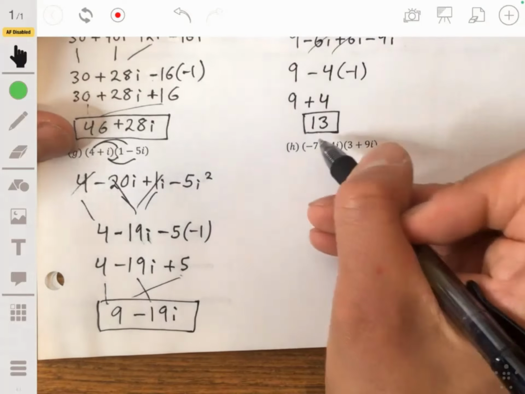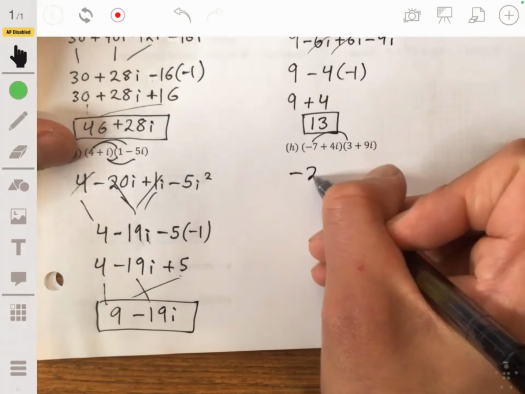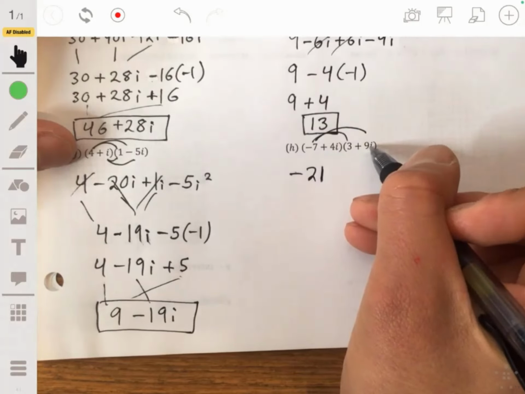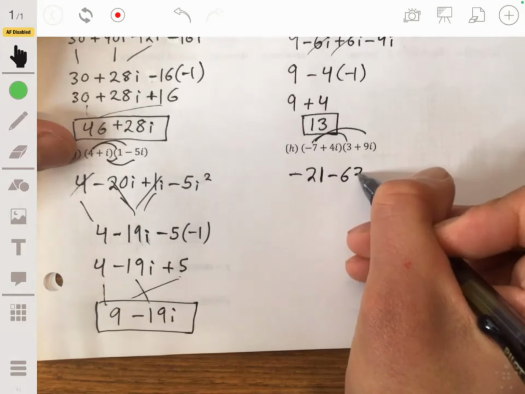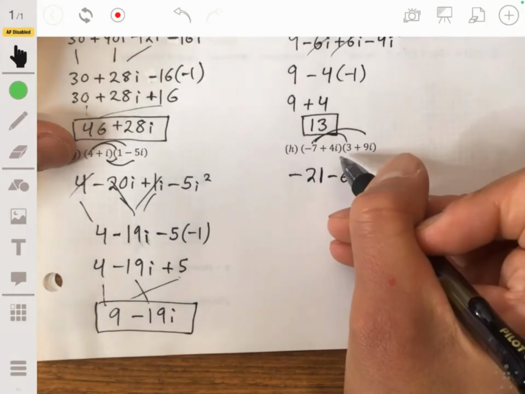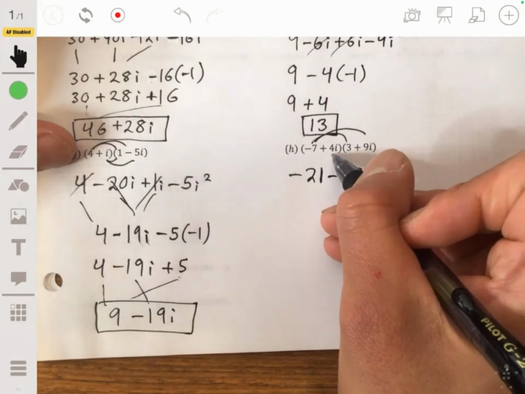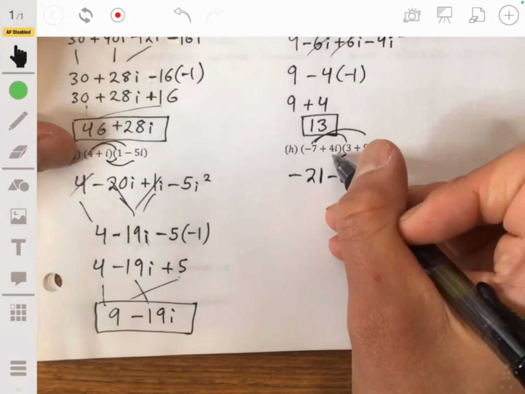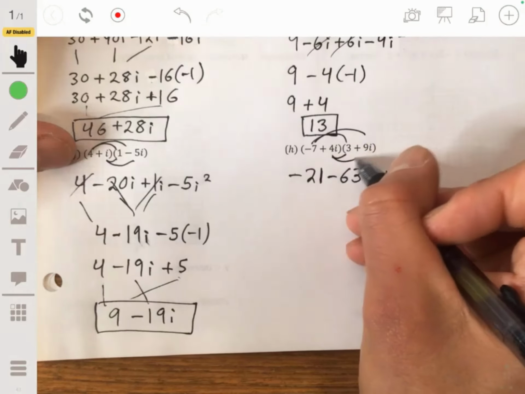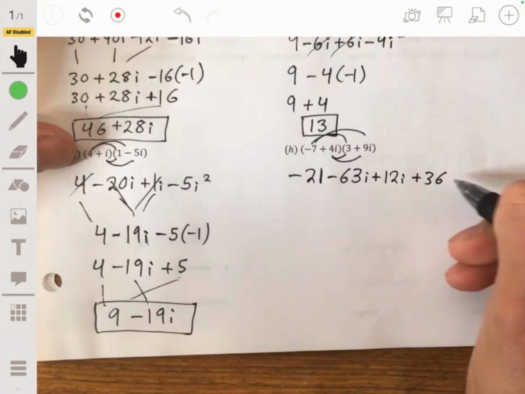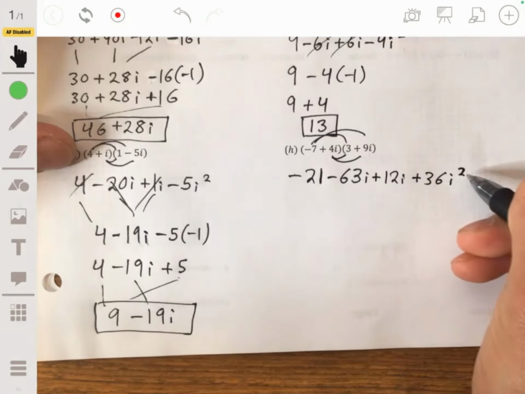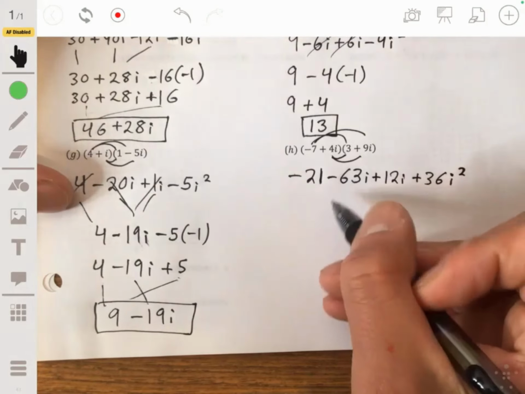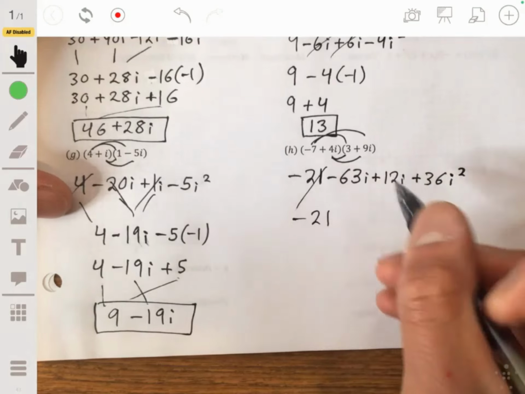And the last one here, negative 7 times 3, negative 21. Negative 7 times 9i, minus 63i. 4i times 3, 12i. And 4i times 9i, 36i squared. Okay, so drop in minus 21.